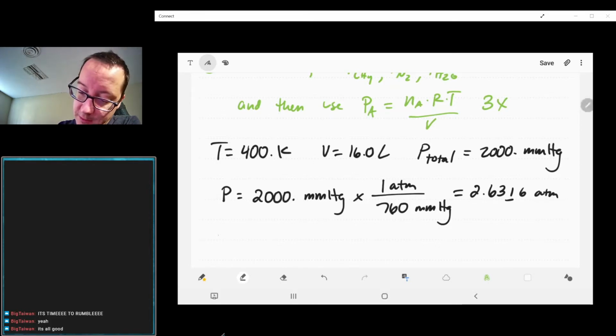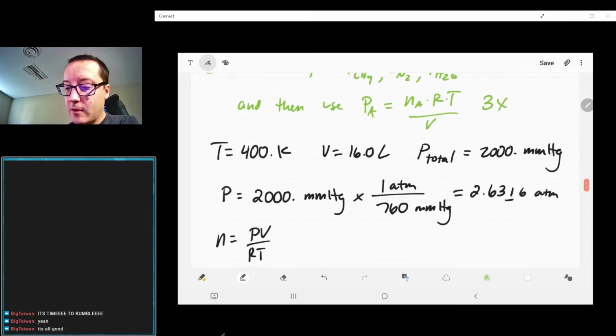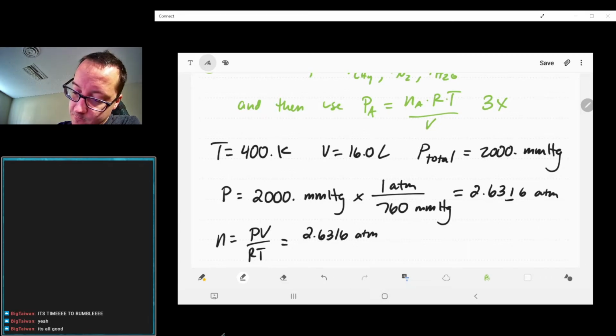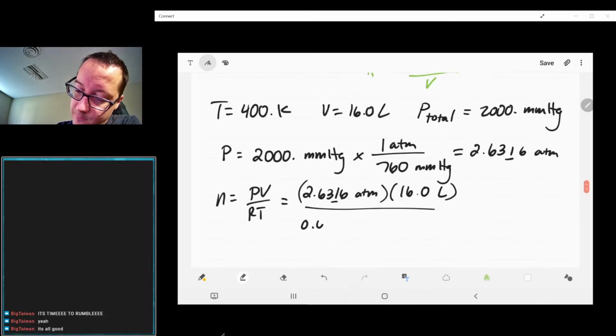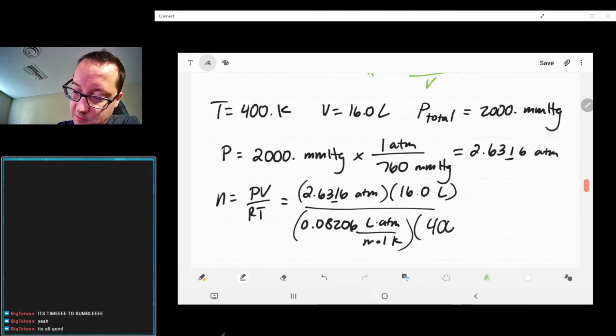So we know that n equals PV over RT, and so we can plug all this in. We have our volume of 16 liters, we have R, and then we have our temperature.